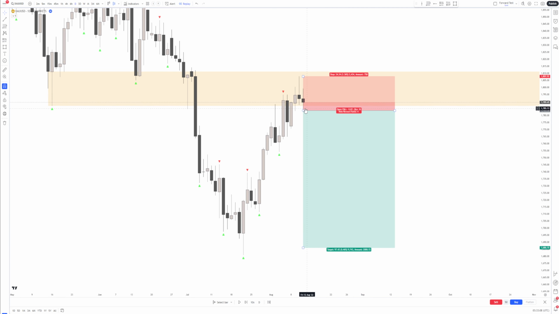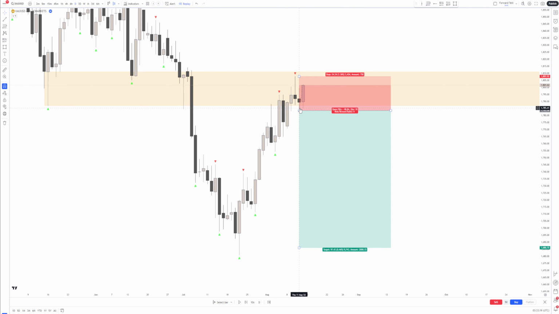Either we get tagged in, you can do a sell stop, or you can manually just visually see where the price is, but most likely a sell stop would be the one. And you can see straight away we did not take us out there.